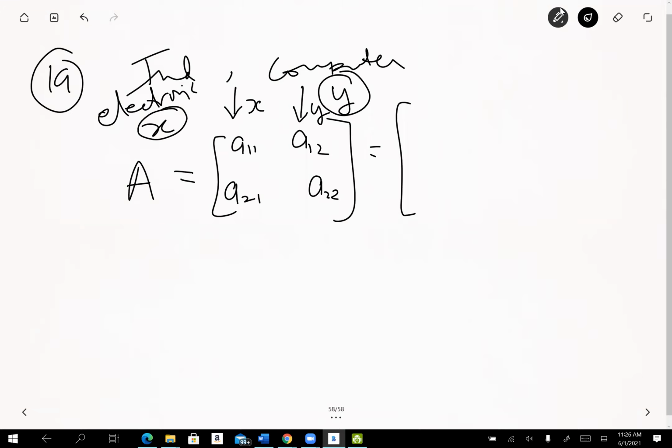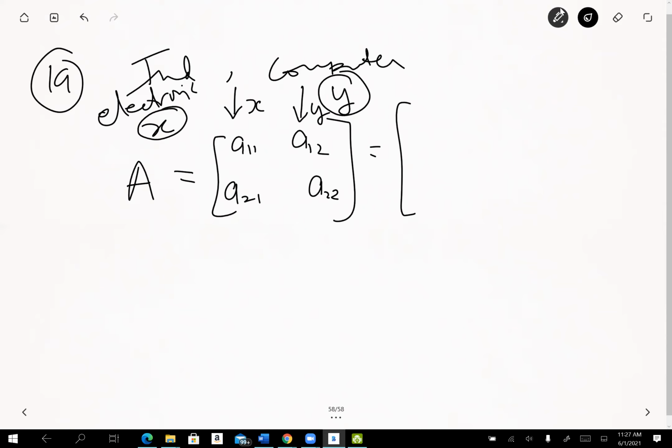So you read the question. Each unit of the electronic component industry requires 0.3 electronic, 0.2 computer. So how do you put the numbers? And the computer industry, one unit will require 0.6 of electronic, 0.2 of computer.